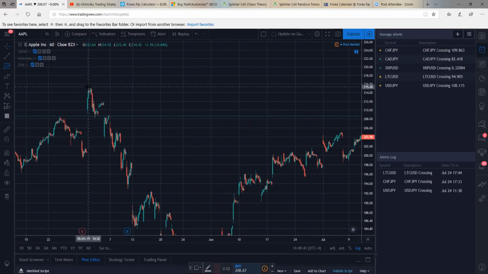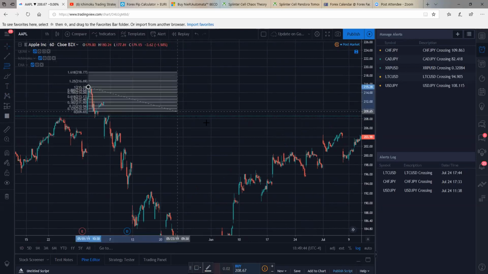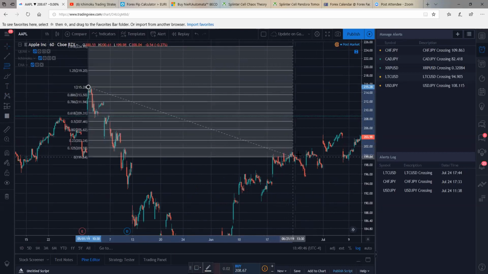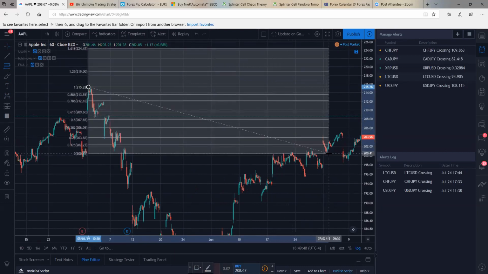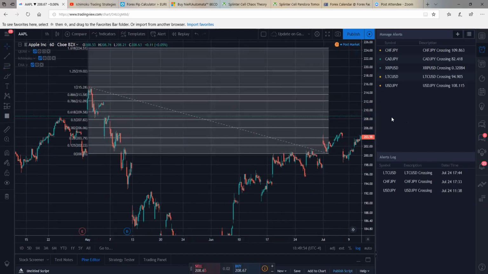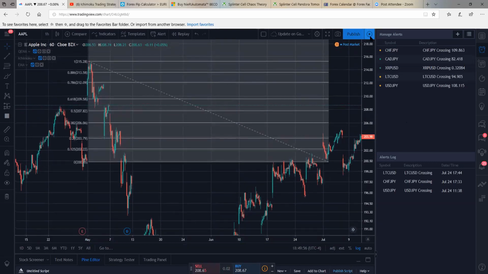And I'm going to go from top to about where it is a common place that it levels off at, which is about right here. Now that we've done that, you see this line right here, this is where current price is at, since we went back in the past.